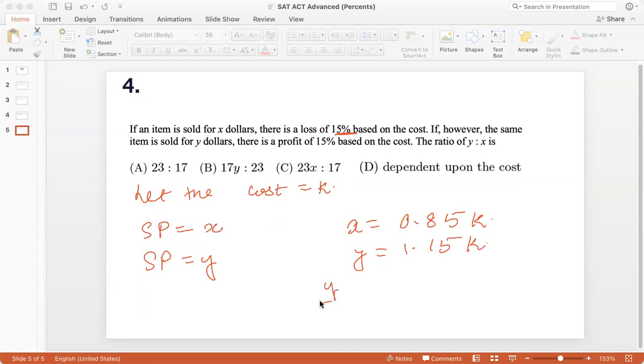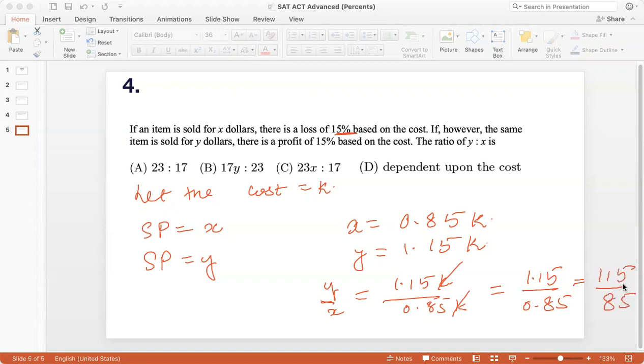So Y over X will be 1.15K divided by 0.85K. So K and K cancels, 1.15 by 0.85, which is 115 by 85. So this is 17, 5 2s are 10. So 23 to 17, option A.